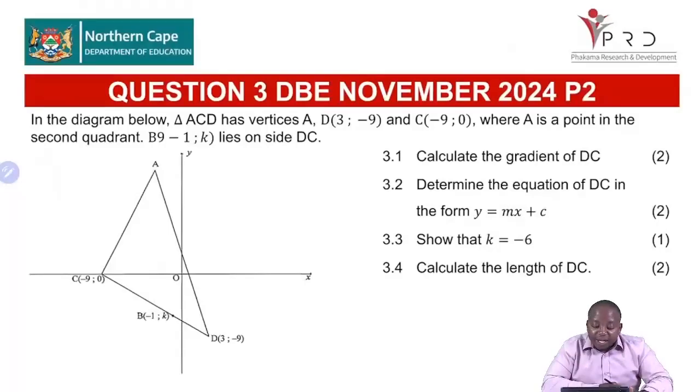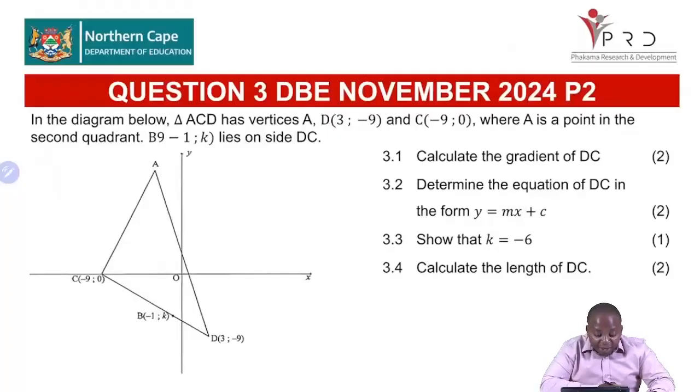Welcome back, grade 12. Let us now look at question 3. In the diagram below, quadrilateral ABCD has vertices A, D and C, where D is given the coordinates (3; -9), and C is given as (-9; 0), and A is a point in the second quadrant.